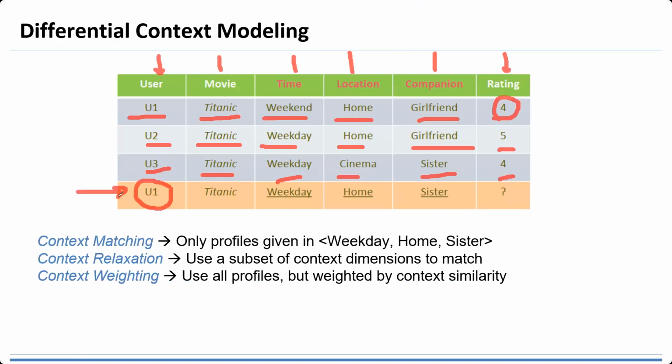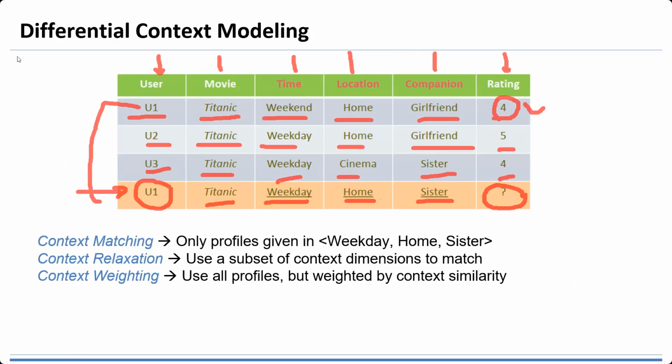Now, there's one question. Maybe user 1 watched the movie again, Titanic, but now he watched on the weekday and he was at home, and now he is watching with his sister. So what is the rating? Is it still 4 or is it different?